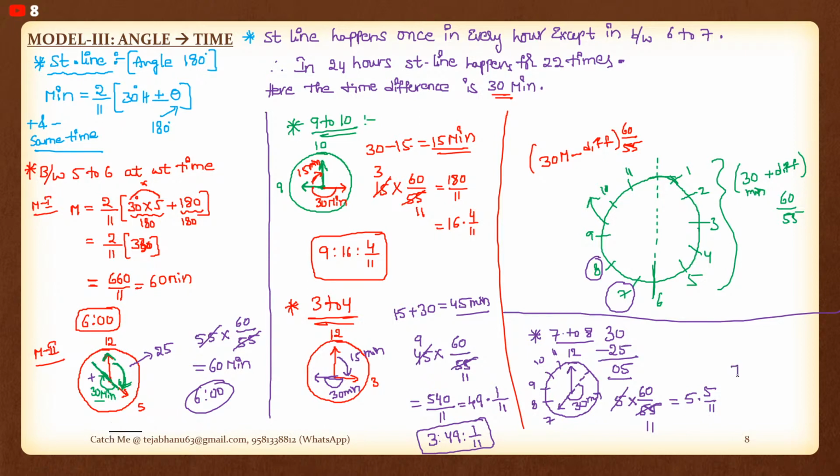That means at 7 5 5 by 11, both hands are in a straight line. I hope the concept is clear to you.